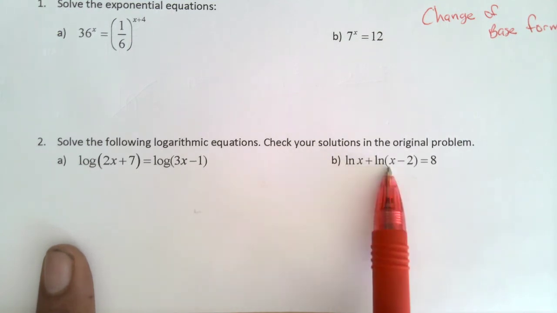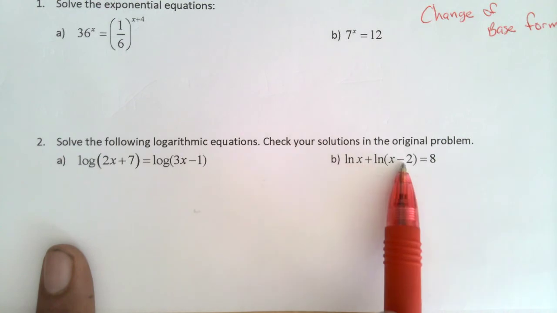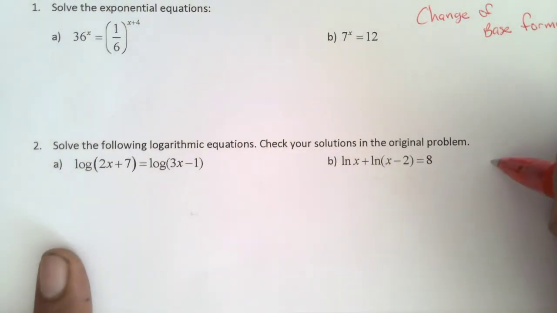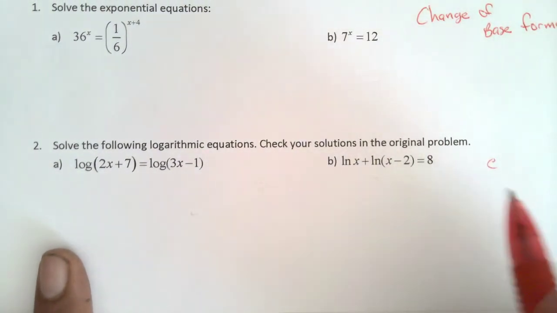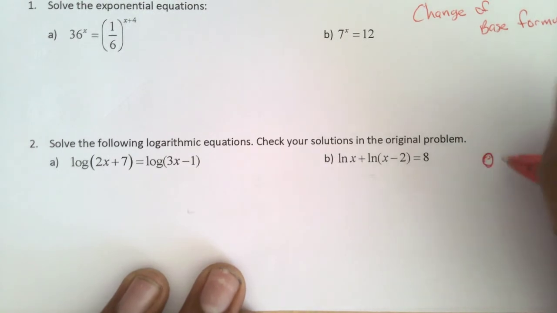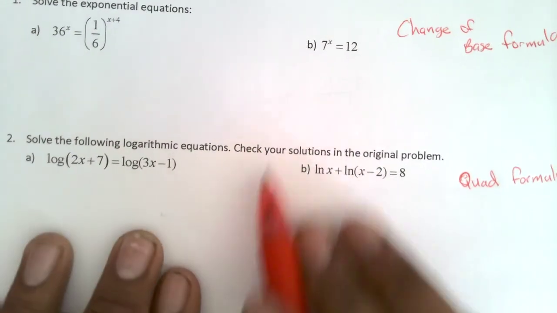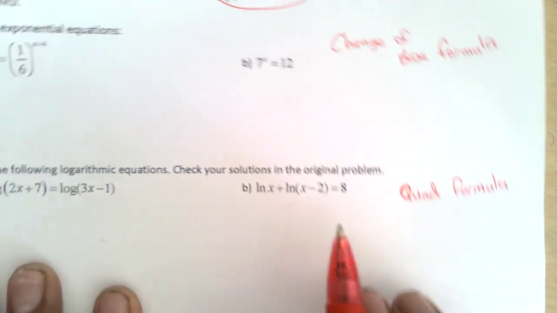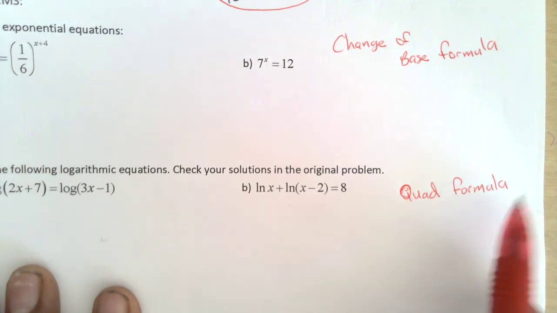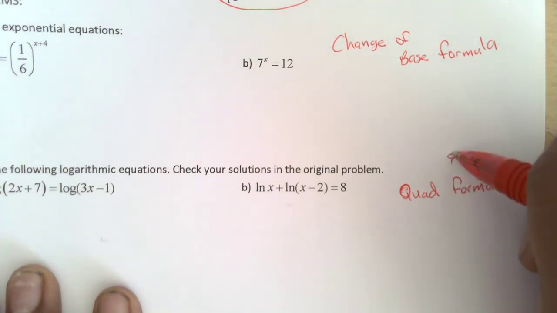Don't let the ln scare you too much. You still can condense. You're going to remember that you might have a base of e at some point. And again, as a little hint, instead of factoring, because I'm assuming you're going to have a decimal number here as one of the constants, the quadratic formula will be particularly useful here.